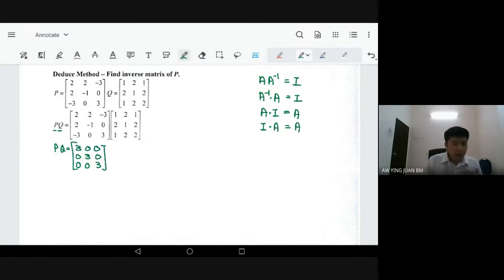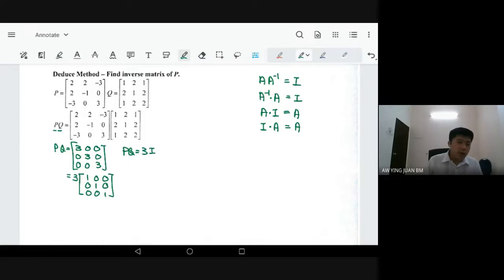Next, when we have this, we can simplify the situation, and PQ becomes 3 identity. Why do we say 3 identity? Because in here we can factor out the 3 and we will obtain the identity matrix. That's why we said PQ is equal to 3I.